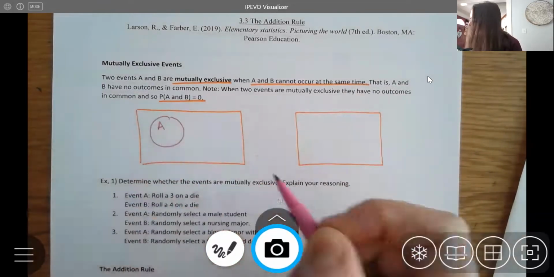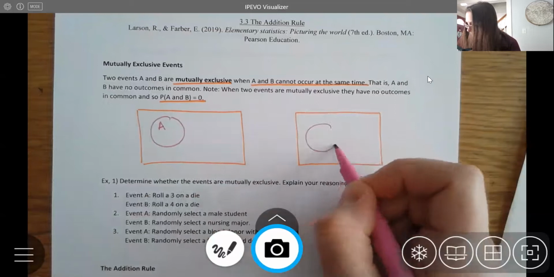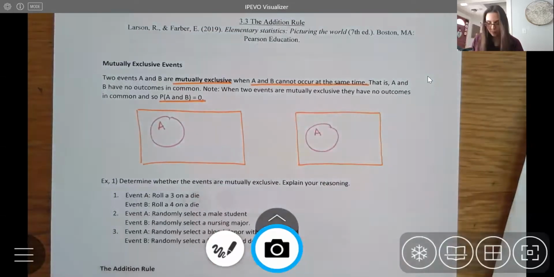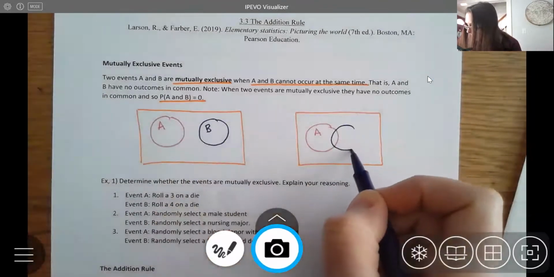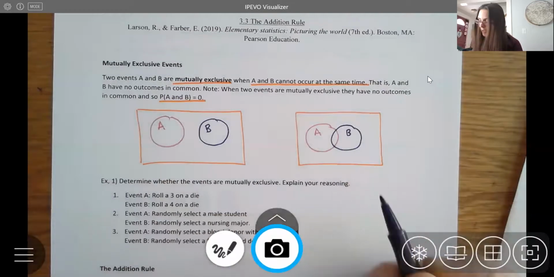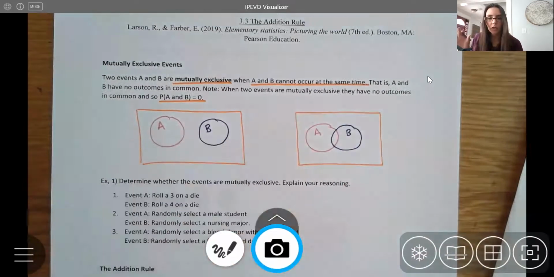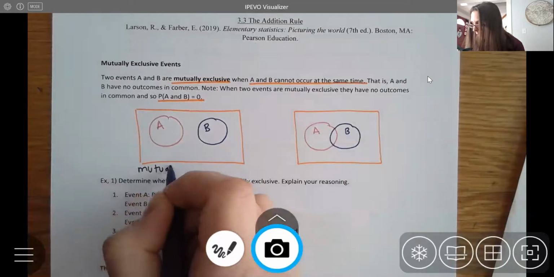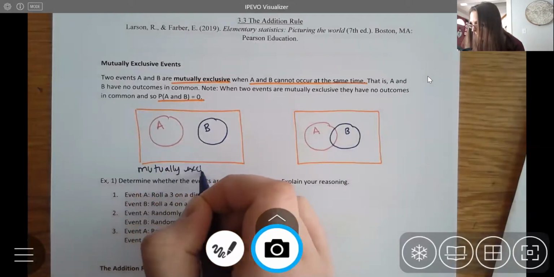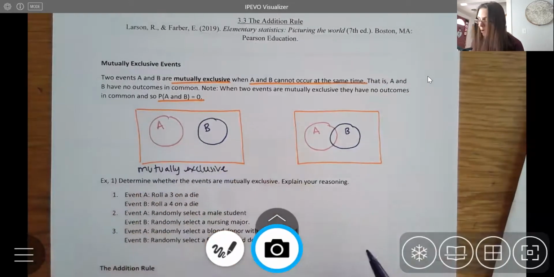So here's event A. And here's event B. And what we see here is when the events look like this, so there's no overlapping region, then these are mutually exclusive. So they have nothing in common.